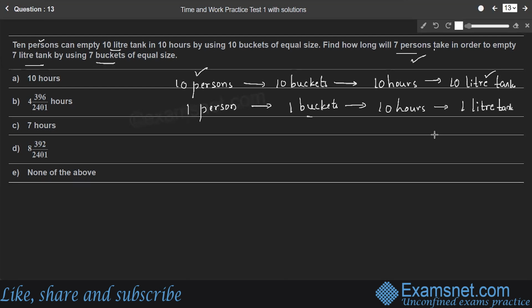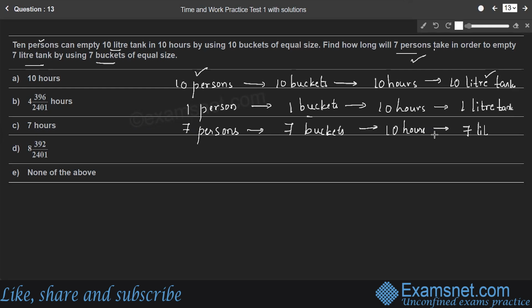Therefore, 7 persons. How many buckets can be used by 7 persons? So 7 persons use 7 buckets. For each person 1 bucket means for 7 persons, 7 buckets, right? And each person has to work for 10 hours. Therefore, all 7 persons work for 10 hours to empty 7-liter tank.